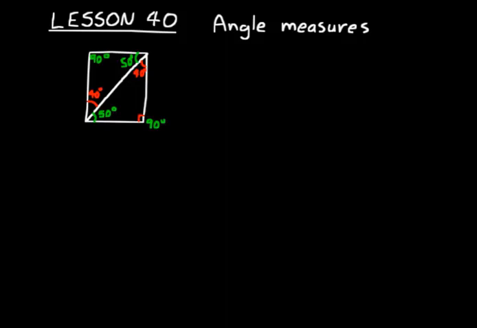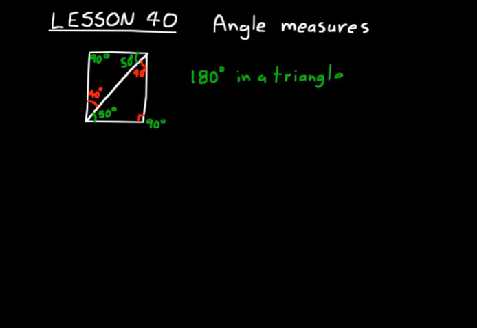Now, add up all the angles in each of those triangles that you have there. The top one you have a 90, a 40, and a 50. The bottom one you have a 50, a 90, and a 40. Both of them total 180 degrees. That's how all triangles are. The sum of all the angles in any triangle equals 180 degrees. Always.